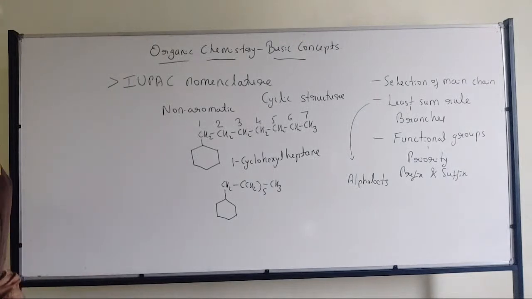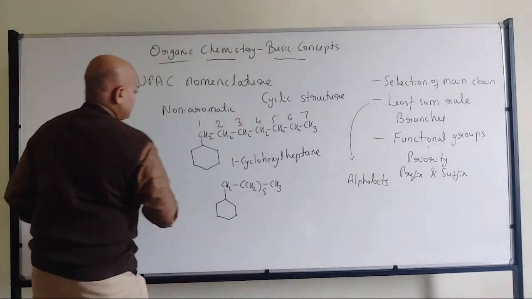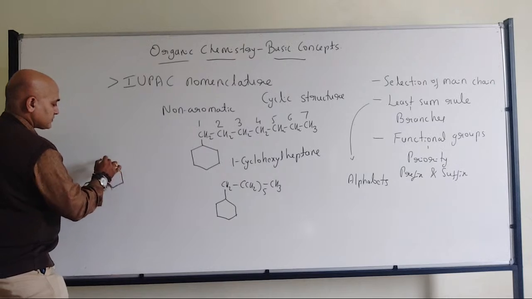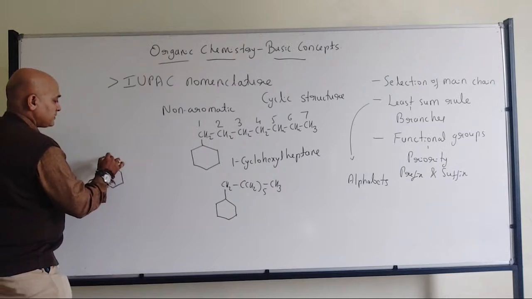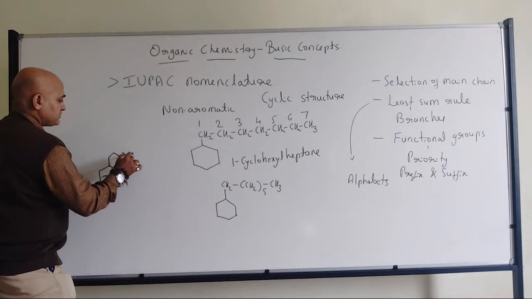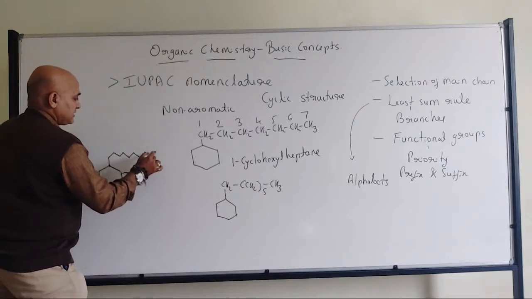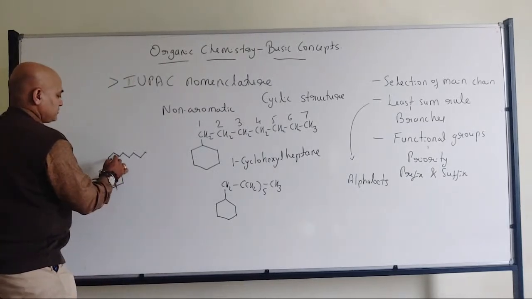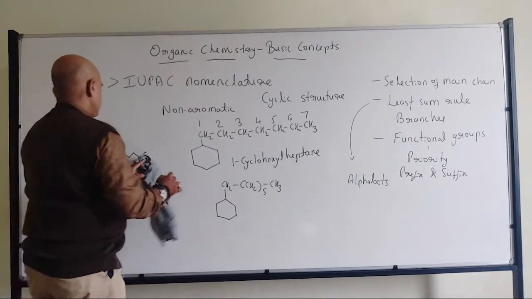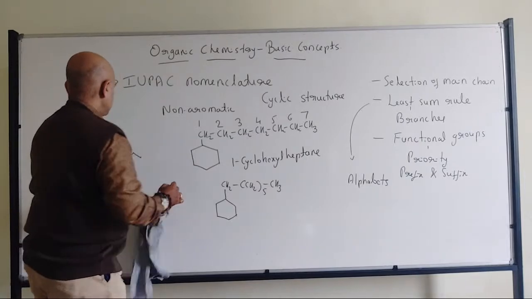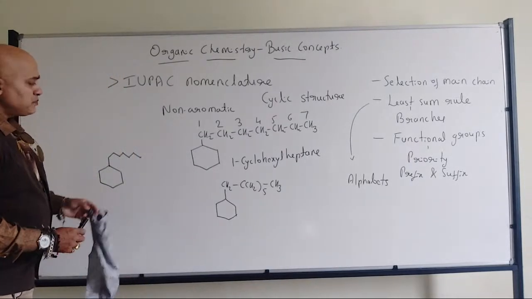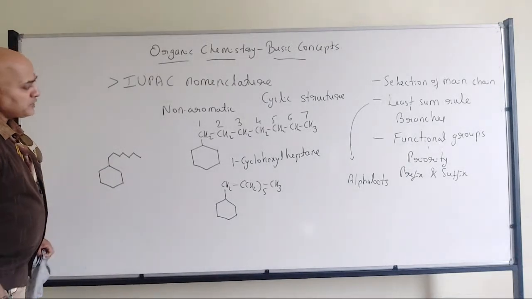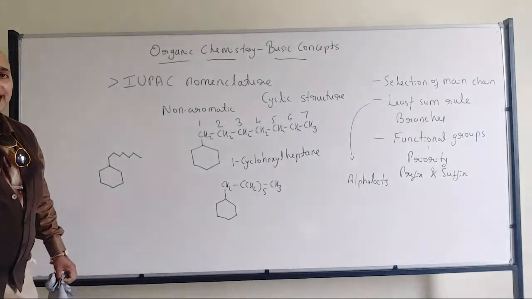Now if I want to write the line structure, then it will be 1, 2, 3, 4, 5, 6, 7. Only this much. This will be the molecule, 1-cyclohexylheptane.